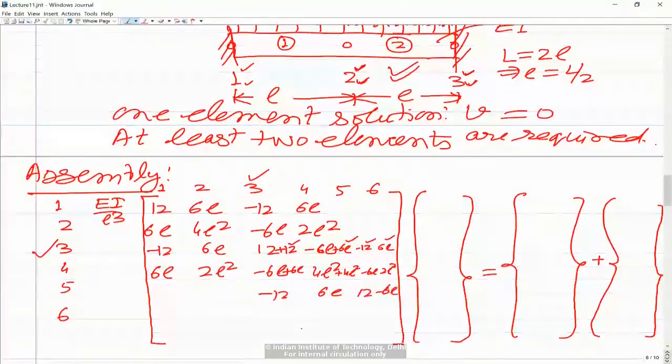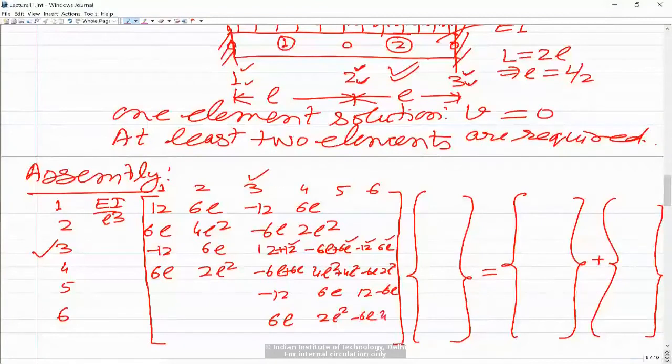And then the last row of the second element will go to the sixth row of the global system, starting with the third column, so 6L, 2L square, minus 6L, and 4L square. And wherever we don't have anything, those elements you put as 0. So this will be 0, 0, and fifth row first and second column 0, sixth row first and second column should be 0. So this is the global assembled stiffness matrix.